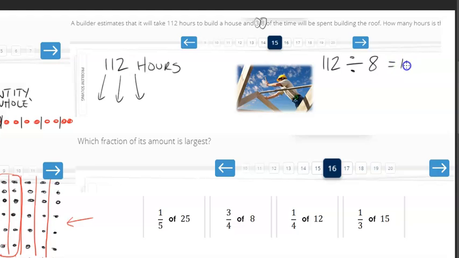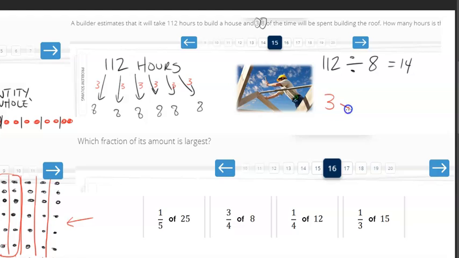This gets broken down into 14 sections, or you'll see me draw an arrow out 14 times. From these little 8-hour chunks, 3 of them are dedicated to the roof. So we have 3 hours for the roof, another 3, another 3, and this keeps going until all 14 chunks get their respective 3 hours.